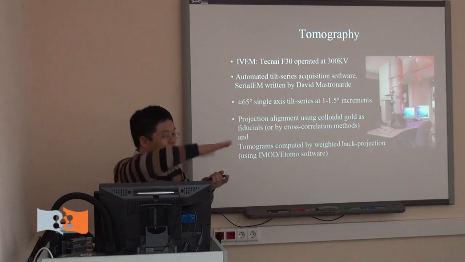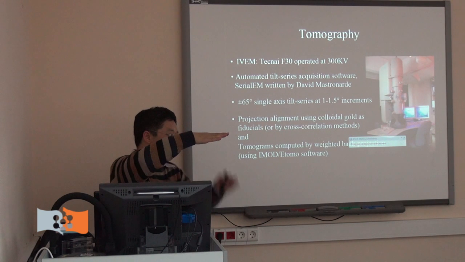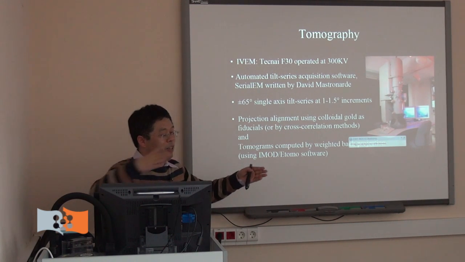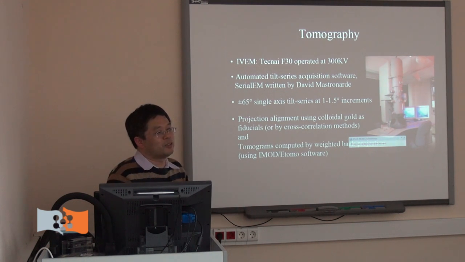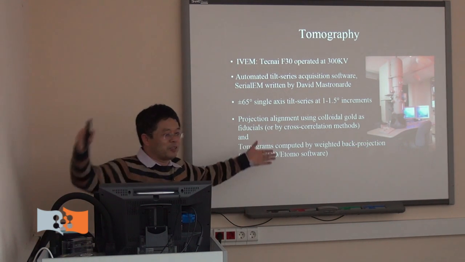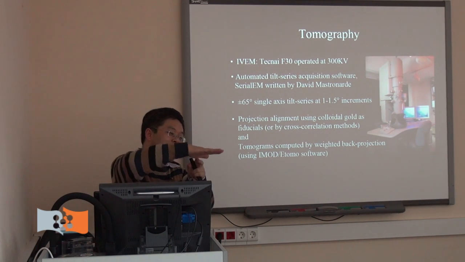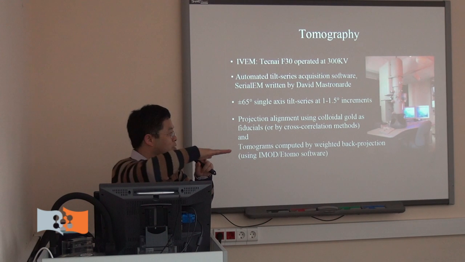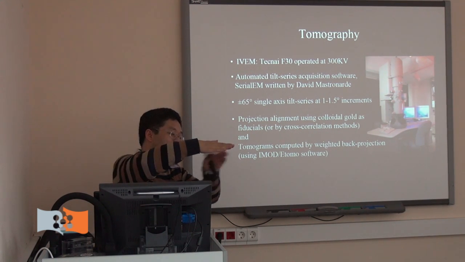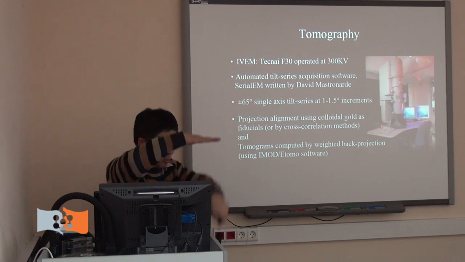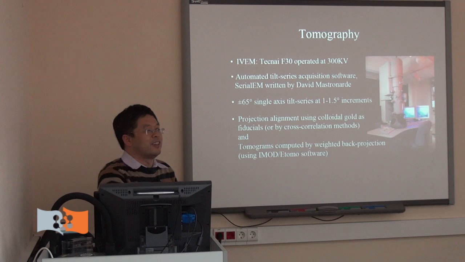If you tilt a little bit, because of the big magnification, you can easily lose your image. So you have to have well-controlled tilting. If you tilt a little bit and the sample was here, it will go that way, so you have to bring it back.